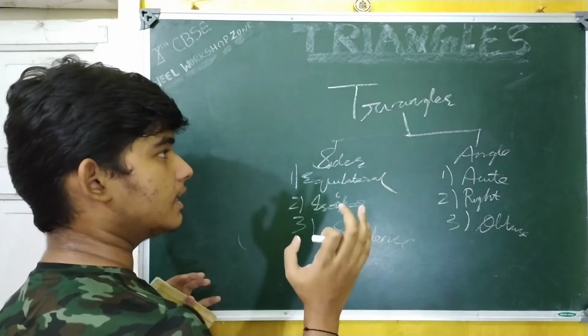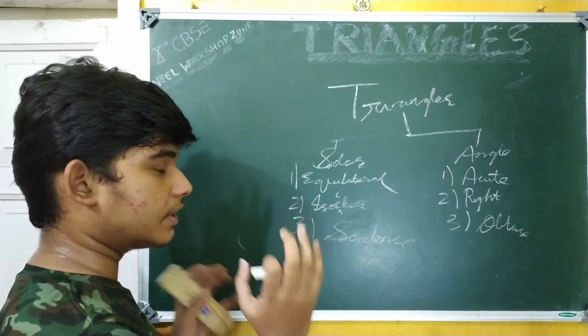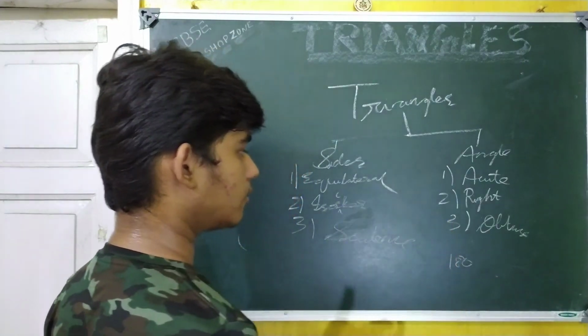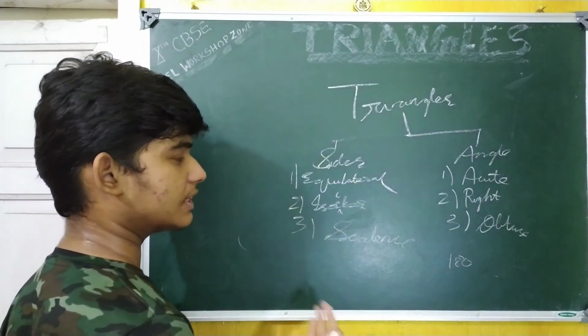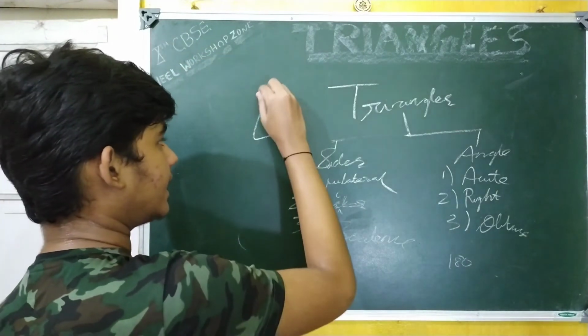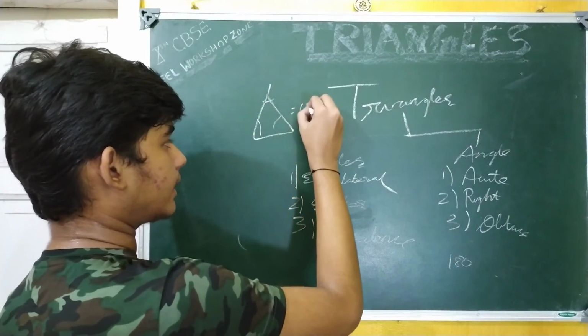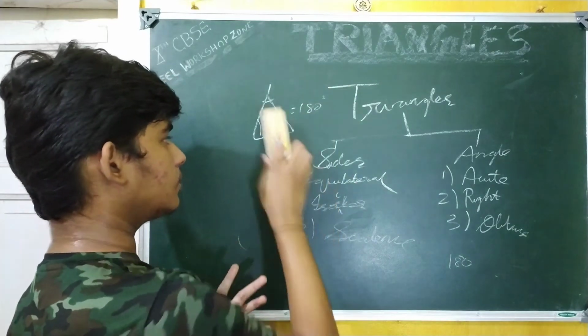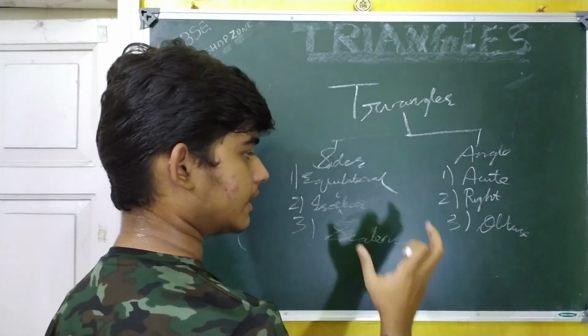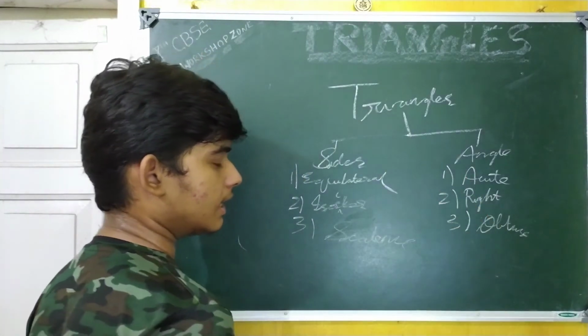In that property, all three angles of a triangle must add up to 180. So no matter the type of triangle, it might be equilateral, isosceles, scalene, acute, right, or obtuse, when you add all three angles of a triangle, they must be equal to 180 degrees. That is the angle sum property. That is why there can be only one right angle in a right angle triangle.